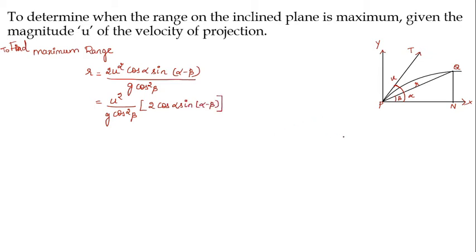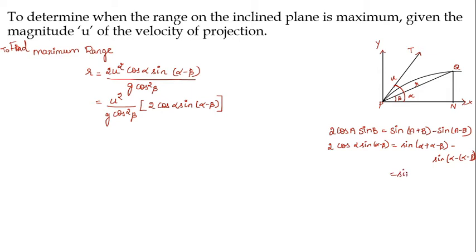And we know the trigonometric property that 2 cos A sin B is sine of (A plus B) minus sine of (A minus B). So we substitute in the same formula: 2 cos alpha sine of (alpha minus beta) equals sine of (alpha plus alpha minus beta) minus sine of (alpha minus beta).